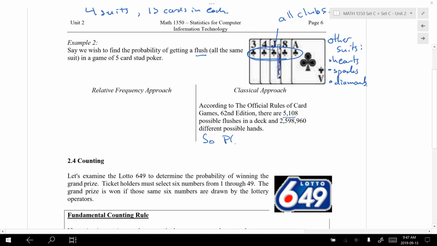So the probability of getting our event, which is the hand of a flush, is going to be the ratio of these two numbers. Which is pretty small, less than 1%.